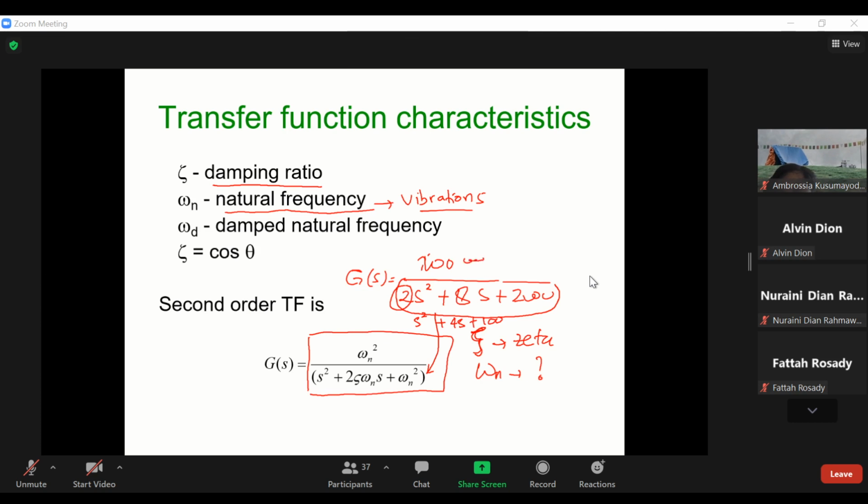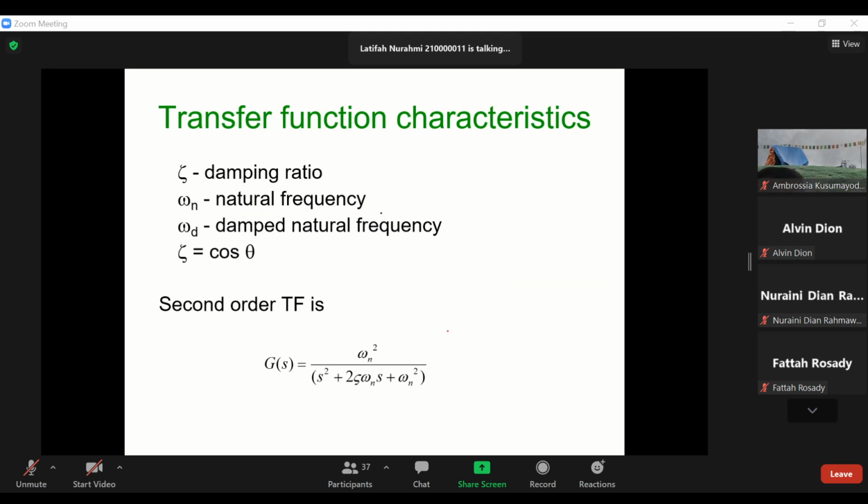Right? So now after you change it to this form, you can find what is zeta, what is omega n. That's the way you solve it. And I'm showing you this so that you do not repeat the same mistakes again, from generation to generation. This is the form that you should always keep in mind for the transfer function of a second order system.